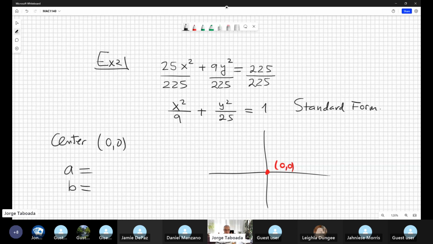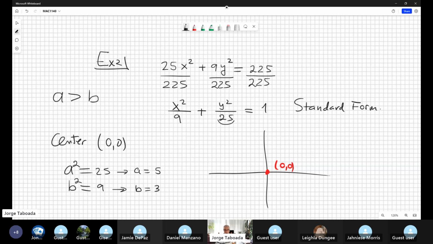You forgot an important concept: A is always bigger than B. I created this example intentionally. So now it's obvious that in order to get A and B, you see what is the bigger number. 25. So A squared is 25 and B squared is 9. Therefore, A is 5 and B is 3.